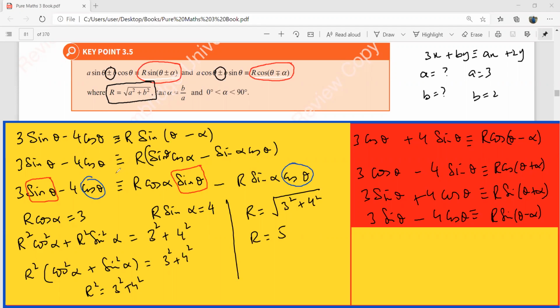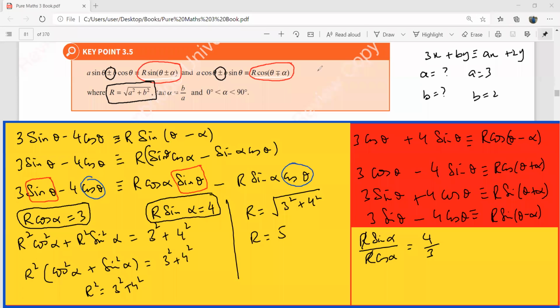Look at this. You can see why this r is going to be under root a square plus b square. Secondly, if you divide these two equations side by side, let me keep this r sine alpha in the numerator. If you divide them side by side, you have r sine alpha over r cos alpha, that is equal to 4 over 3.